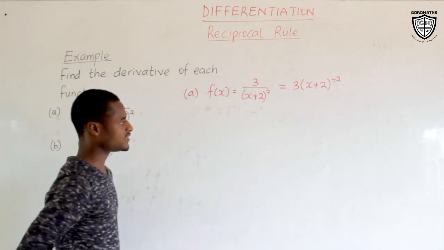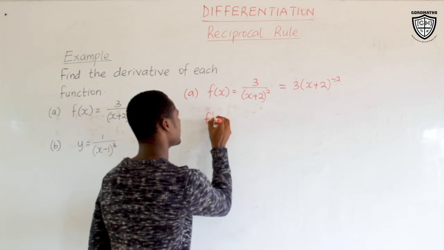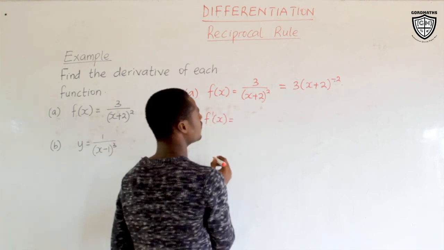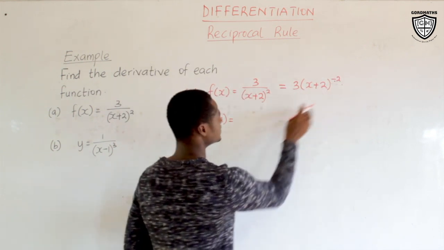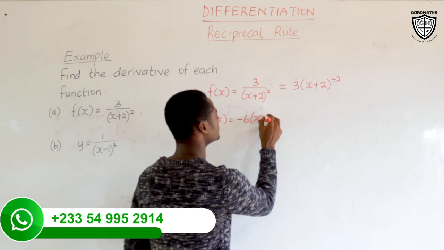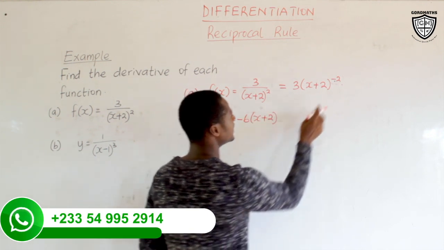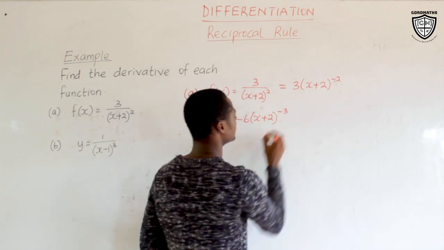Then in differentiating this using the power rule, we will have f prime of x equal to the power negative 2 multiplies the entire function. Negative 2 times 3 will give negative 6. Then in bracket we have x plus 2. Then negative 2 minus 1, that will give us negative 3.